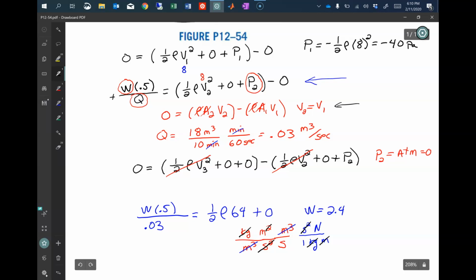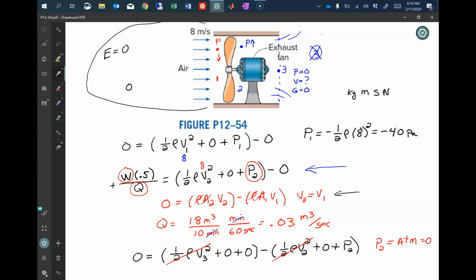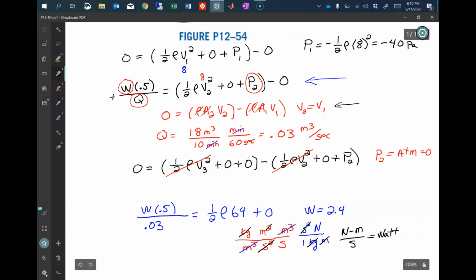So the unit is a Newton meter per second, and that's a watt. So the units work out fine. Like I was saying, if you use kilograms, meters, seconds, and newtons, then you don't really have to worry about it. Okay, so the work of the fan, excuse me, is 2.4 watts.